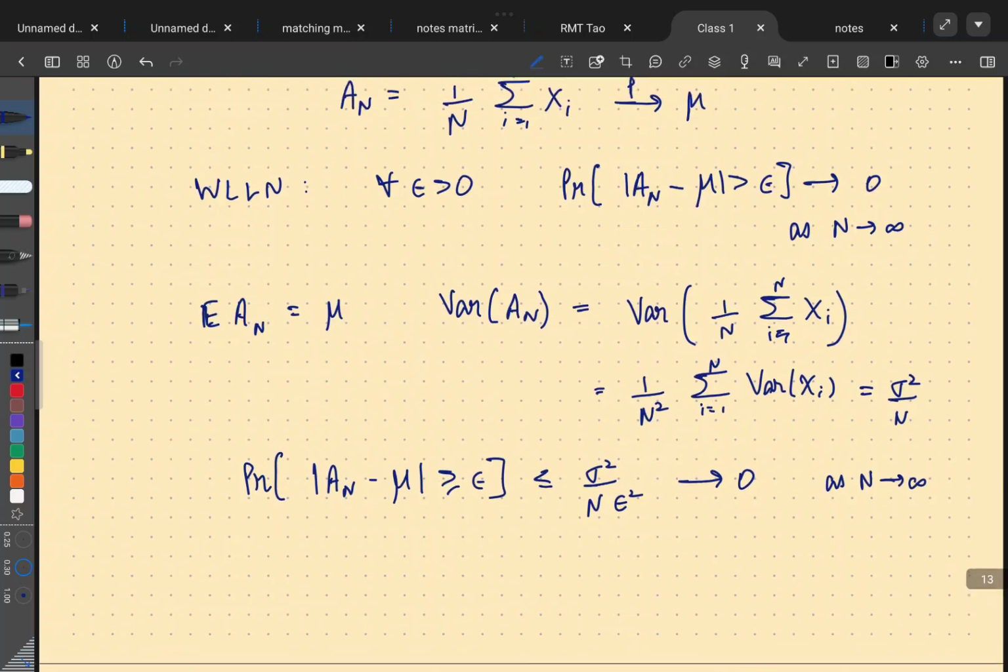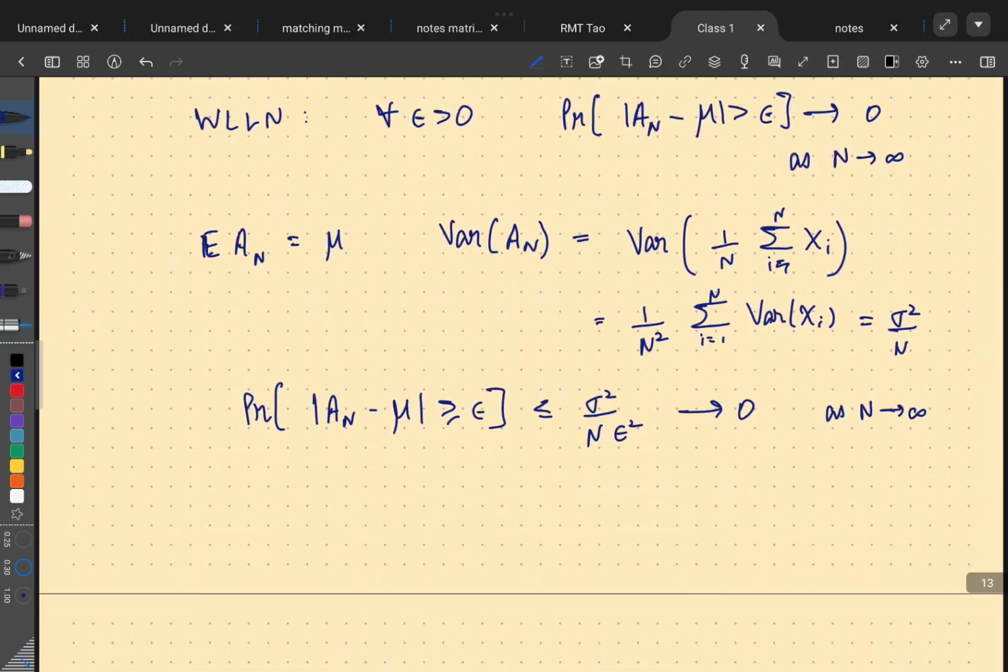So some points to be kept in mind. One, this holds true for any distribution with finite mean and variance. We did not require any other assumptions on the random variables Xi. So this may not be the best possible rate of convergence for specific distributions. It's possible that for certain distributions, this convergence happens much faster.